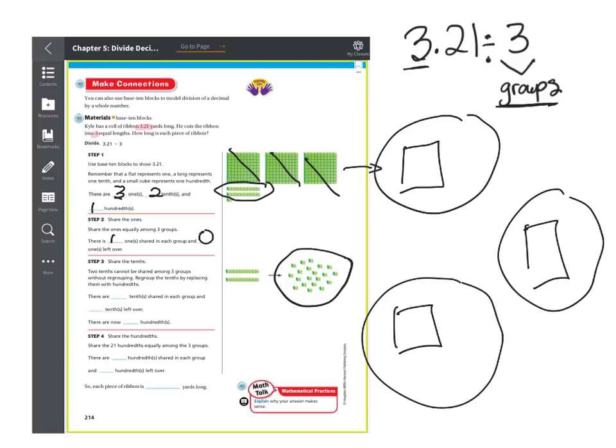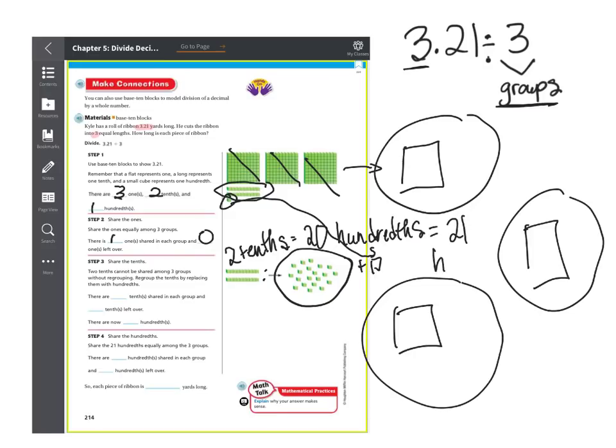And then we're also going to do the other one, so 2 tenths equals 20 hundredths. Plus, we have this little one over here. So it really equals 21 hundredths.